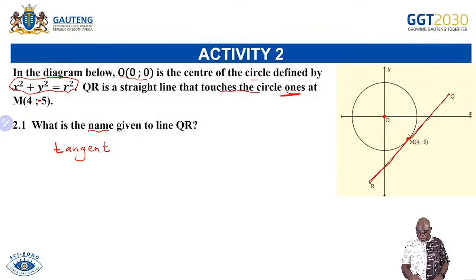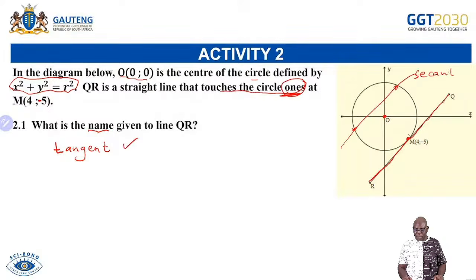It touches the circle once. So it becomes a tangent. And that is a beautiful mark that everyone must get if that question is asked. So if that line touches once, it's a tangent. If it touches twice, it becomes a secant, because there it touches twice.